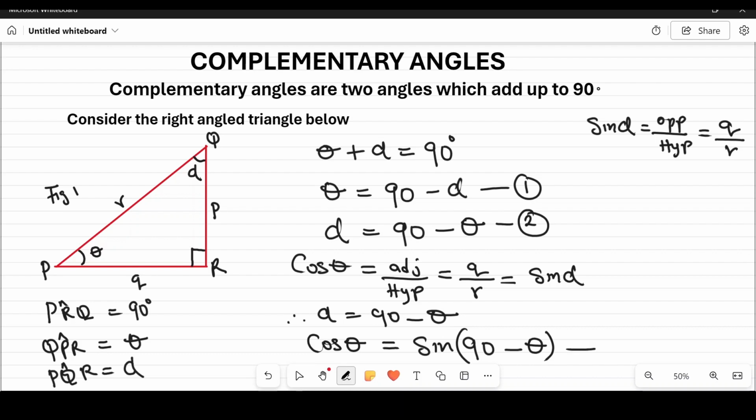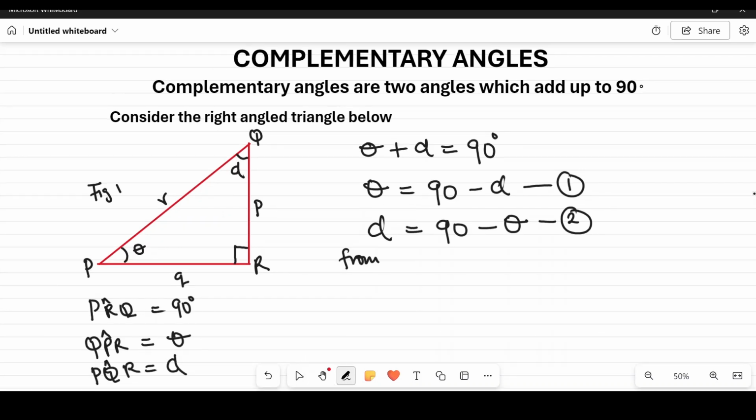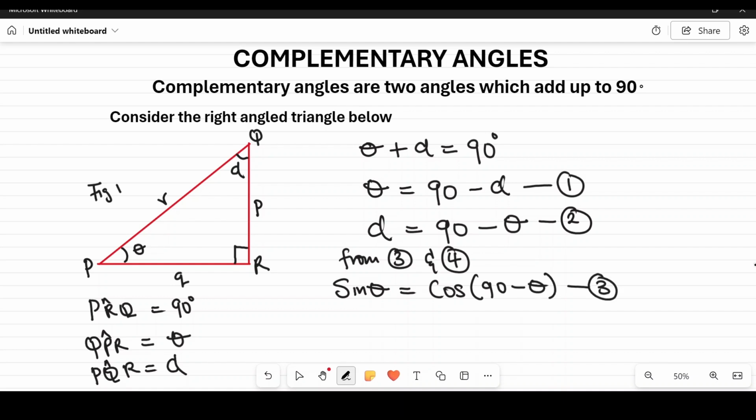Call here equation 4. From equation 3 and 4, sine theta is equal to cos of 90 minus theta, and cos theta is equal to sine of 90 minus theta.